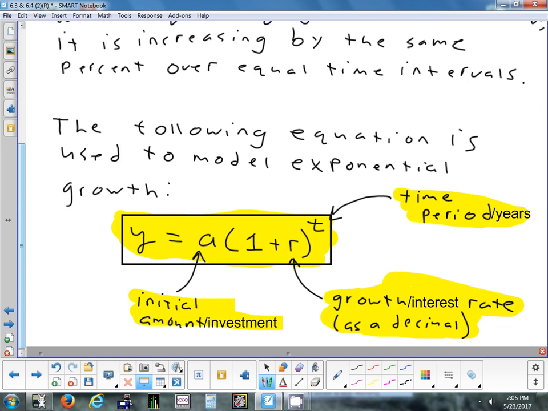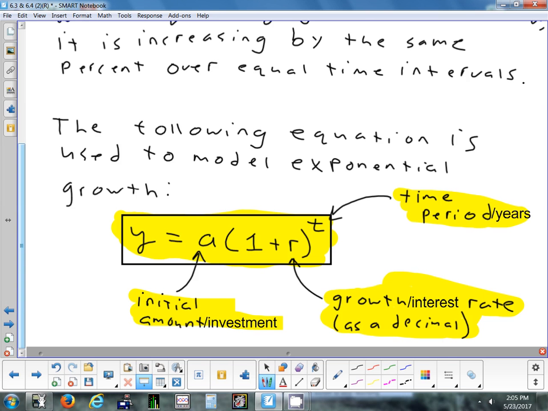Now, this formula assumes that R never changes. So if we say the population of the city is going up at 2%, it's going to go up at 2% forever. Do you think that's realistic, if we say that the population of a city is going to grow at exactly the same percent every single year?